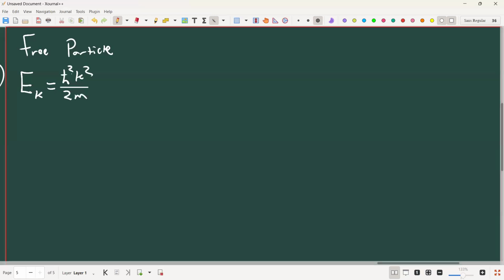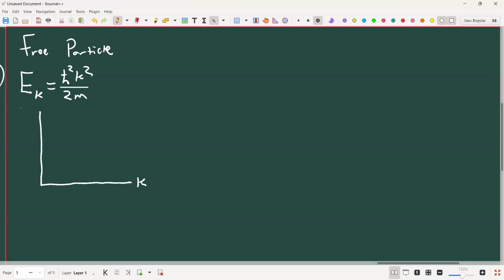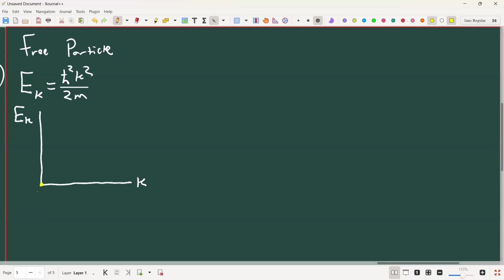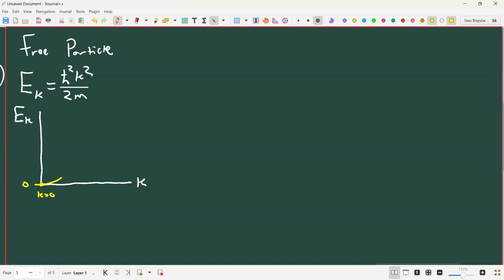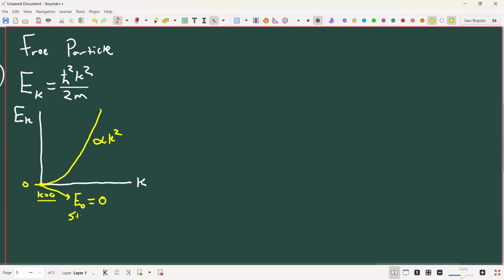And what does that look like as a function of k? If I plug in k and plot E_k, it starts at E equals 0 and just freely continues as k squared. Any value of k is allowed, but more importantly, k equals 0 is allowed. This value right here, E of 0, is equal to 0. This is just a stationary particle.